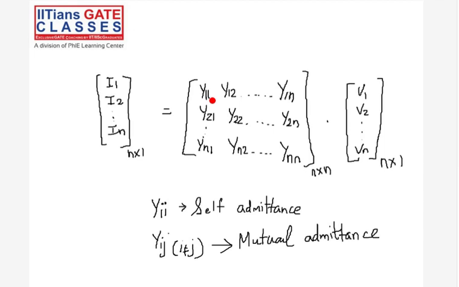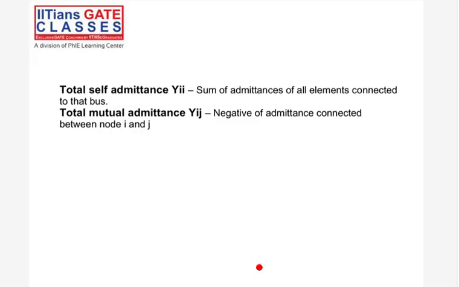Whatever lines or components are connected to node i, we take the sum of it, and Yij is the negative of the admittance of the line between node i and node j. Is that clear?